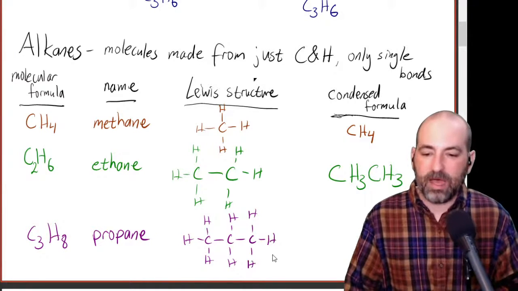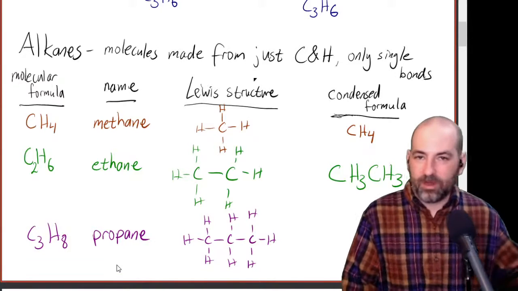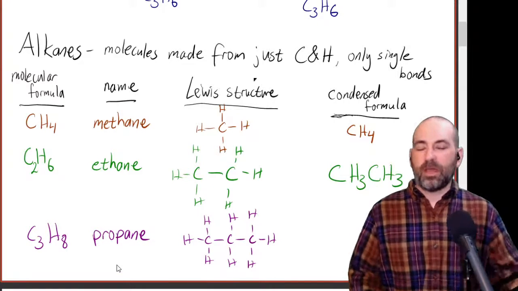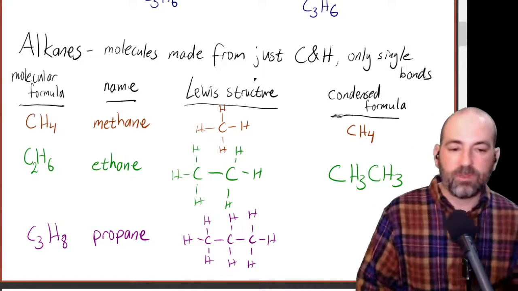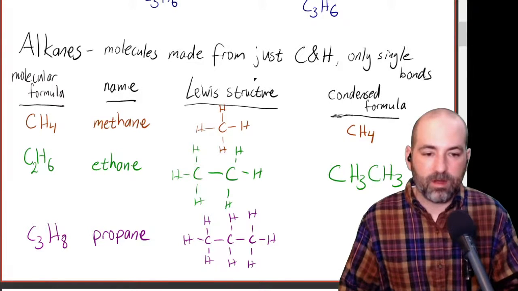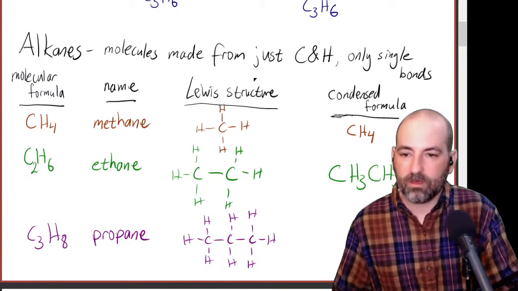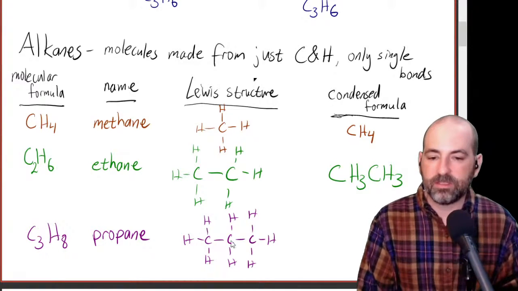There's lots of bonds, there's lots of hydrogens, and we're only at 3 carbons. We might want to draw a 10 carbon structure. You can imagine how this starts to get quite tedious. So we're going to look at some other ways of drawing these structures today as part of what we're learning.